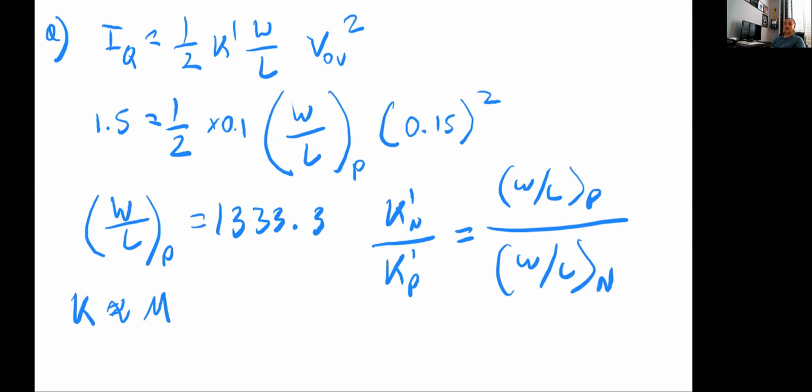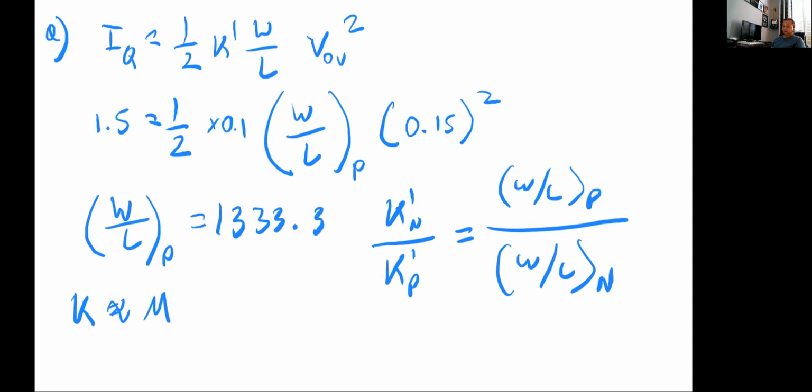So the electrons are stronger in terms of carrying charge. So what that means is that the K prime for the N is going to be higher than the K prime for the P.